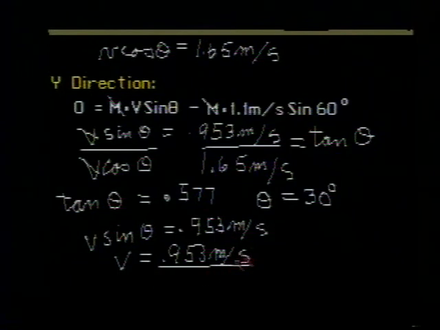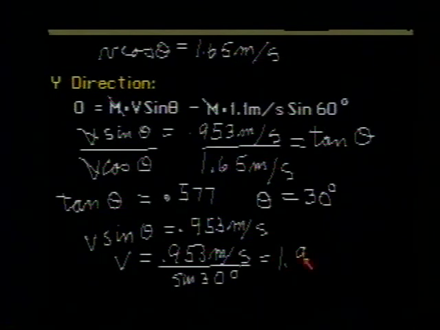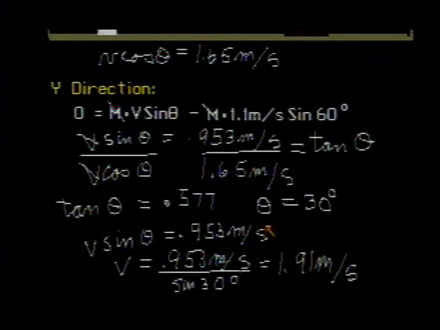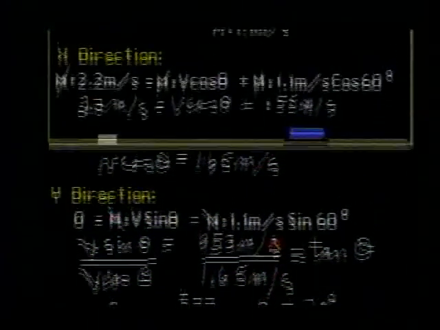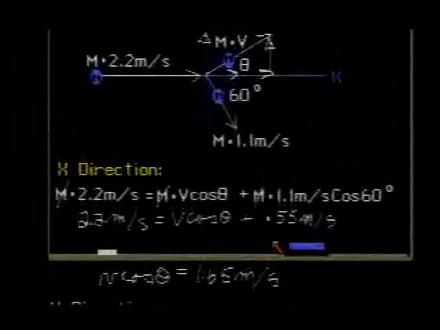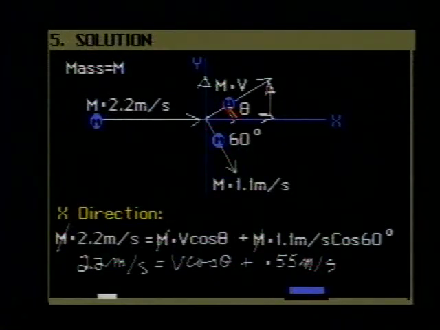And if we carry out that calculation, we can show that this is equal to 1.91 meters per second. So that's the speed. The direction is 30 degrees. And our final velocity for the cue ball is a velocity with a speed of 1.91 meters per second at an angle of 30 degrees with respect to the x-axis.